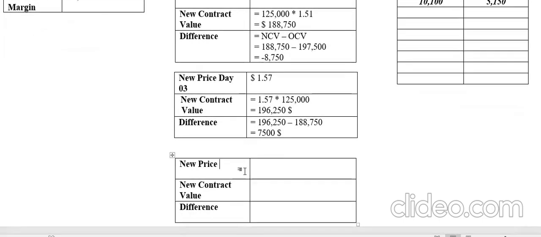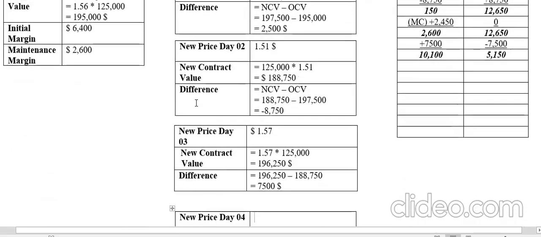And let's continue to the 4th day, which is the last day of the contract. On the 4th day, the day end price of the euro is $1.59 per euro. So let's adjust the accounts of the buyer and seller according to the new prices.